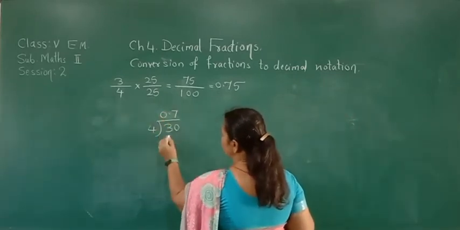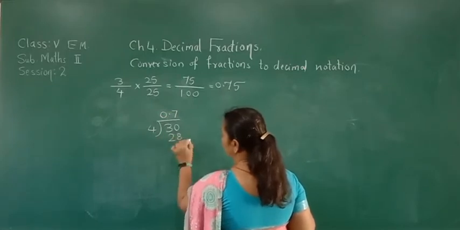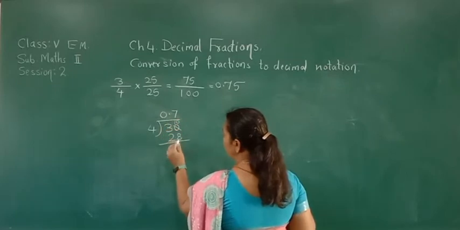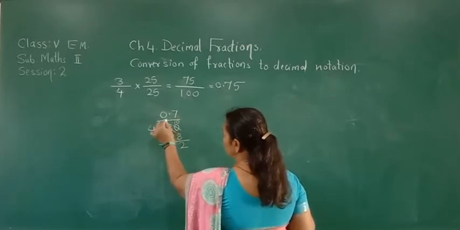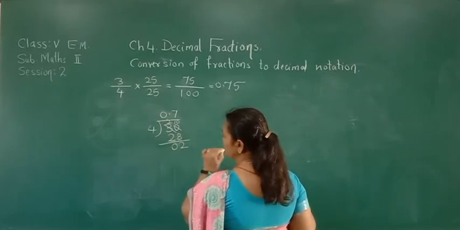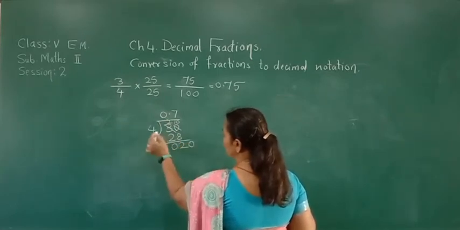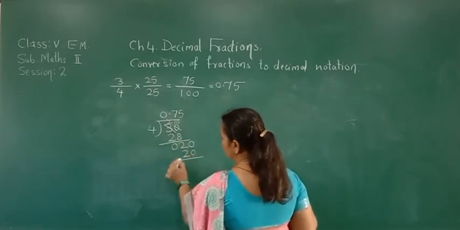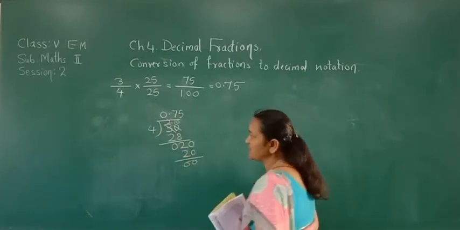Now 0 minus 8, borrow, here 10. 10 minus 8 is 2. Then this 3 is cancelled. Write 2 minus 2, it is 0. Then add 1 zero and 4 5s are 20. So 20 minus 20 is again 0.